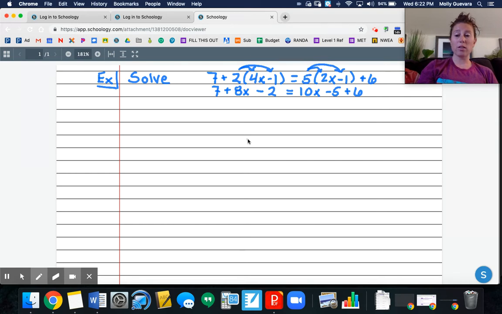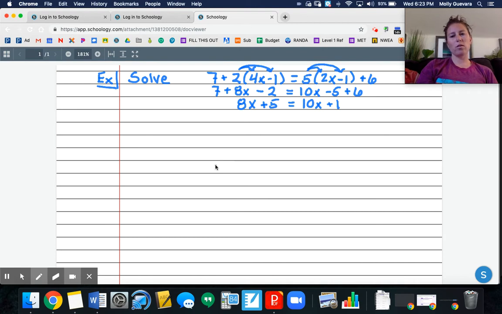I'm still on that first step where I'm trying to simplify the whole left side and then the whole right side. I see that the 7 and the negative 2 are like terms, so I can combine those. That gives me 8x plus 5 on the left. And on the right, I have a negative 5 and a positive 6, so that gets me 10x plus 1.